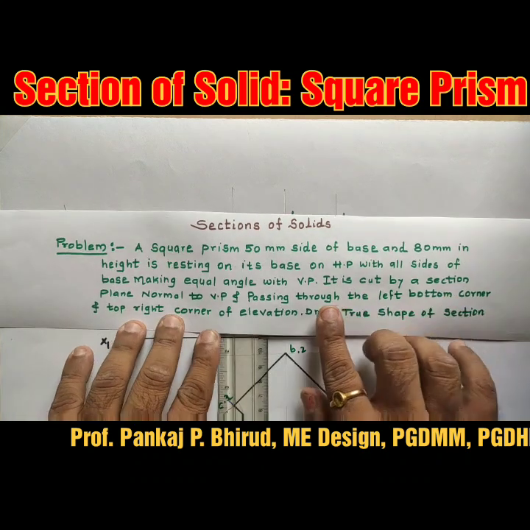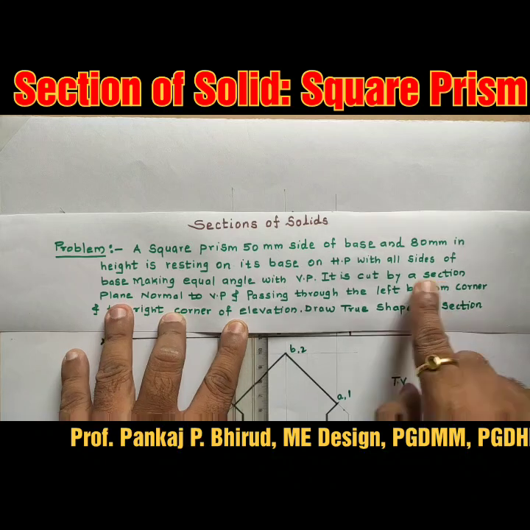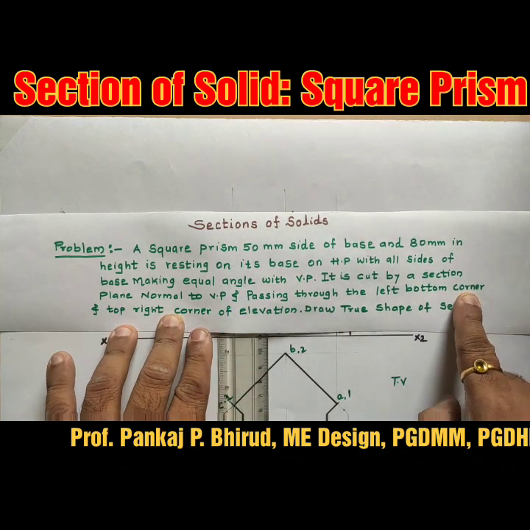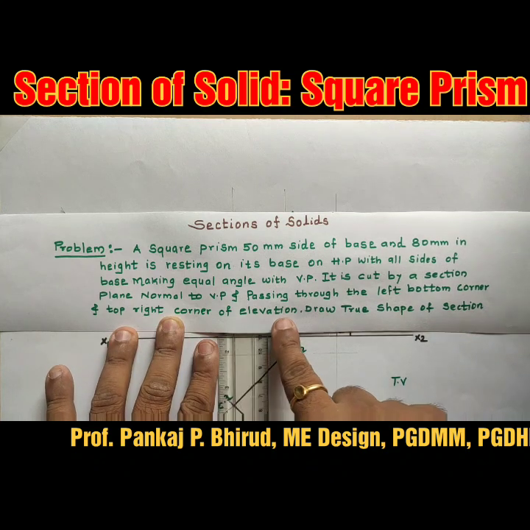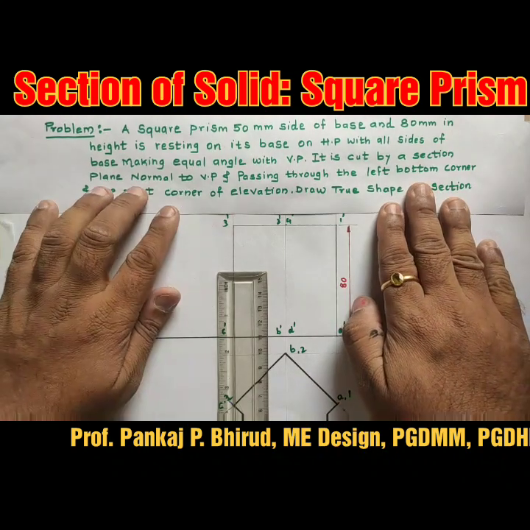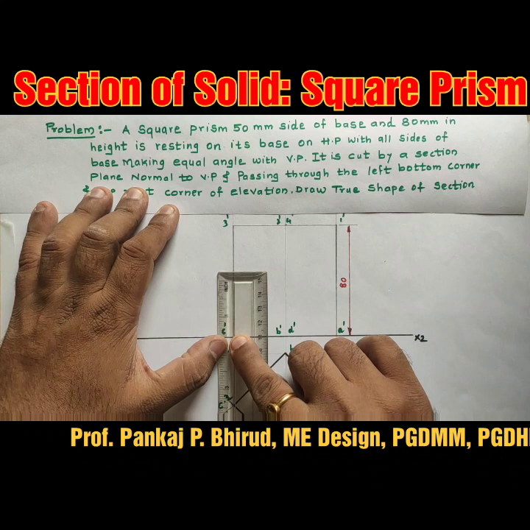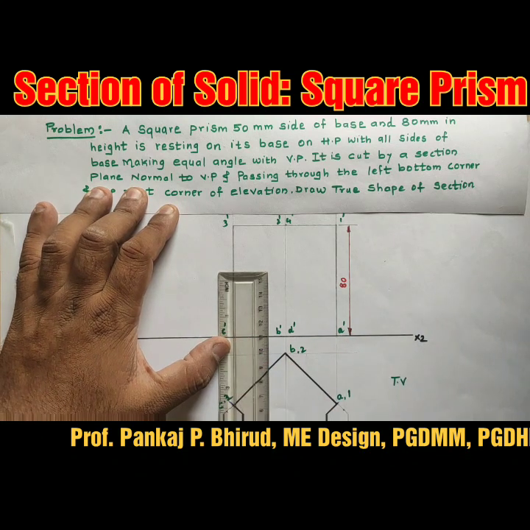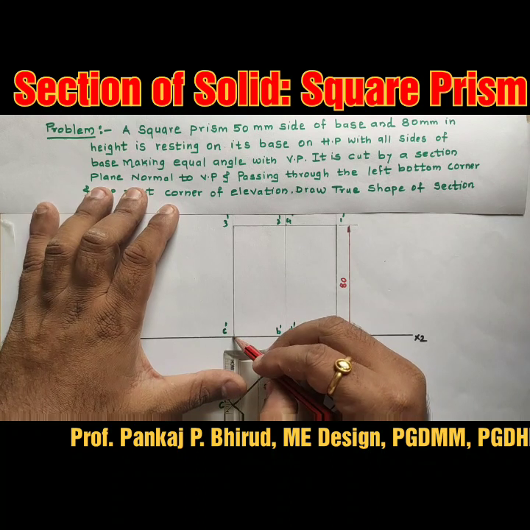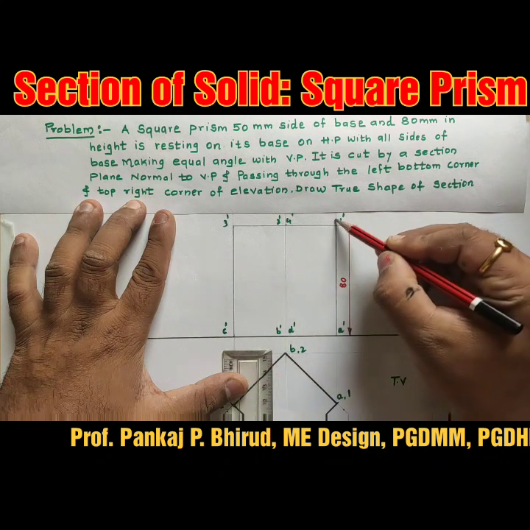Now in the problem, this prism is cut by a section plane normal to the VP and passing through the left bottom corner and the top right corner of the elevation. So now our elevation is completed. The plane will be passing through the left bottom corner and the top right corner, like this.